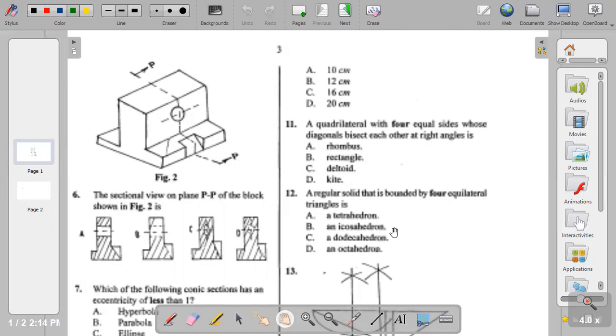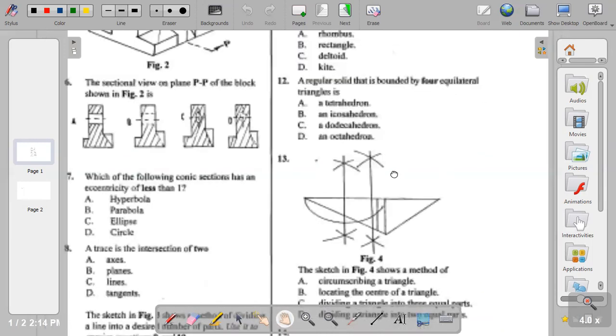B is icosahedron, that is 20 triangular faces. Dodecahedron, that is 12 pentagonal faces, while D is octahedron, 8 faces, that is 8 equilateral triangles. So the answer to question 12 is A.